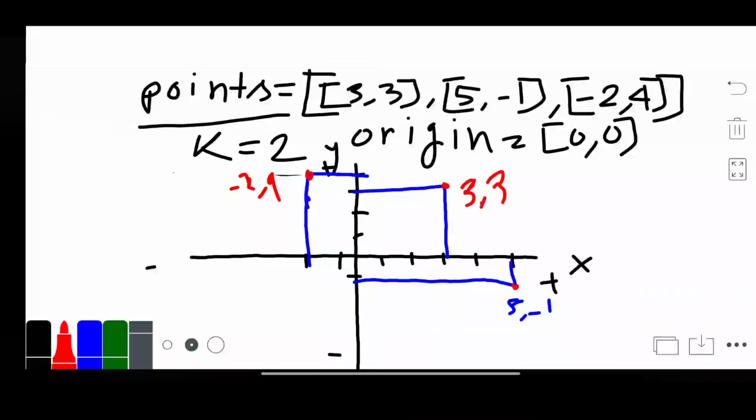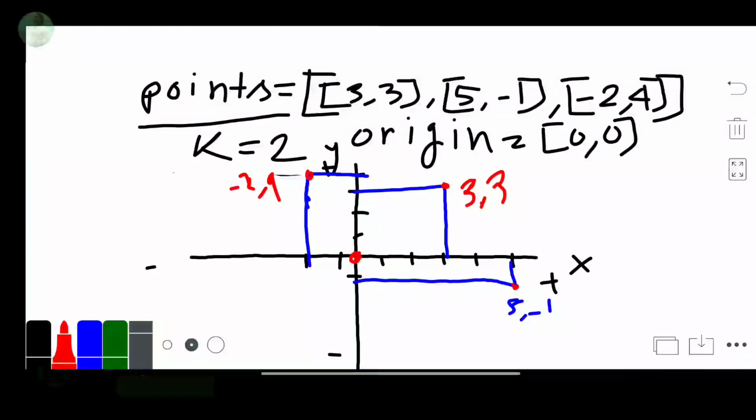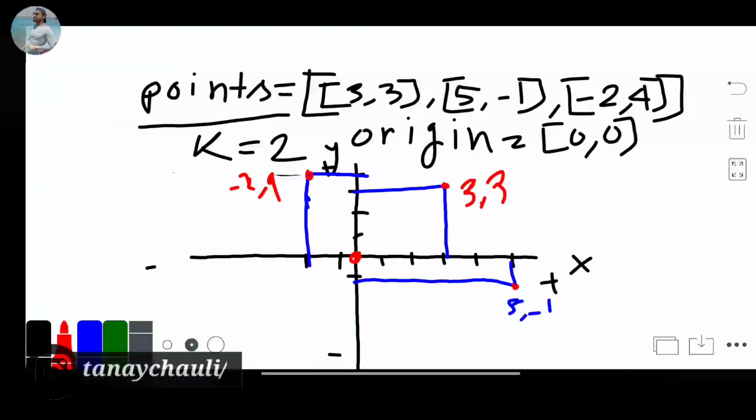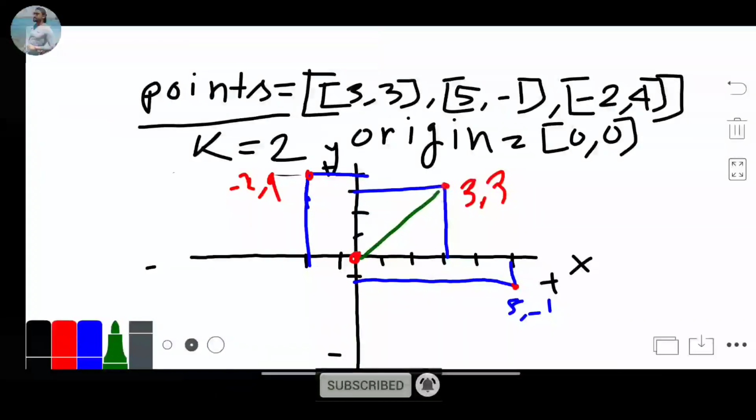Now our job is to calculate the distance from this origin (0, 0) to each destination. First we will iterate these points and then calculate the distance. How will we calculate the distance between these two points?